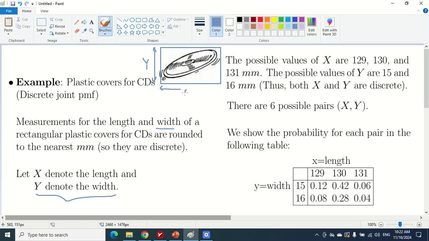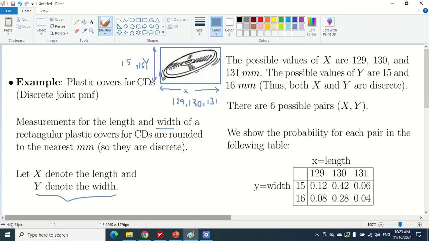So we have two random variables over here, and based on a calculation the possible values of x are 129, 130 and 131 millimeters. There are three values over here, and we have two values for y as well, 15 and 16.